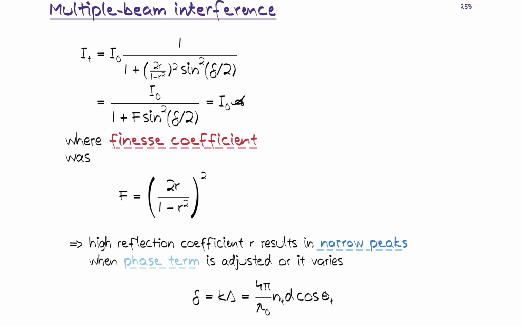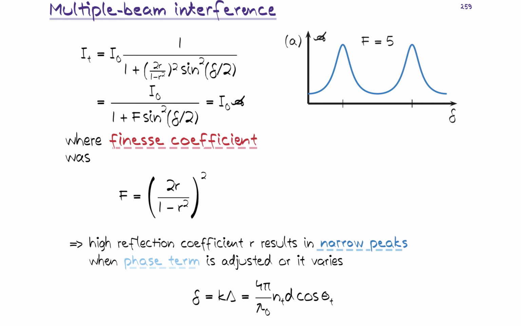So the phase difference is given by this, and essentially what the finesse coefficient now tells us is that if the reflection coefficient is low, so that the overall finesse would be, for example, let's say 5, then we are getting spectral properties resembling something of an A figure. So that there's an x-axis, we now have the phase difference delta here, and the y-axis essentially is our Airy function. So essentially that would be somehow related to our transmitted irradiance.